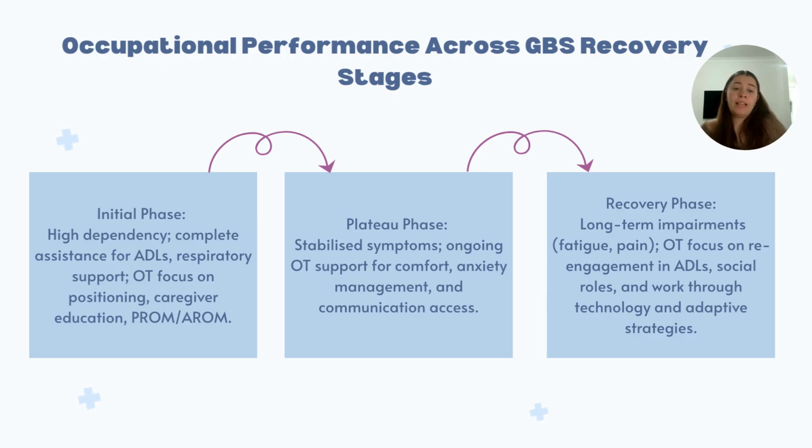Then we're a little bit more involved in their recovery phase, their rehabilitation phase. This is usually where we'll start to see gradual improvements in their strength and endurance. They still experience some lingering fatigue and pain.